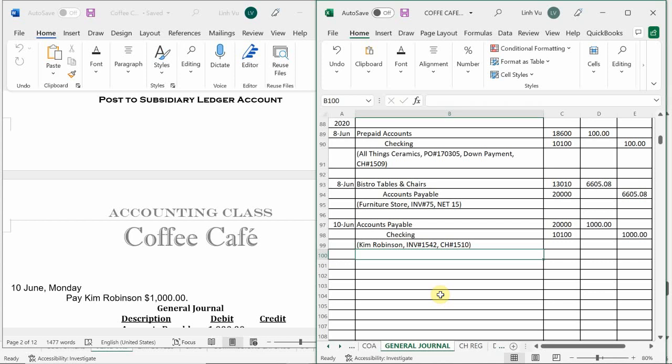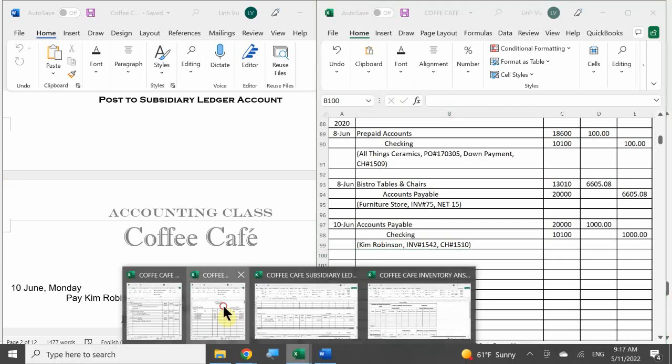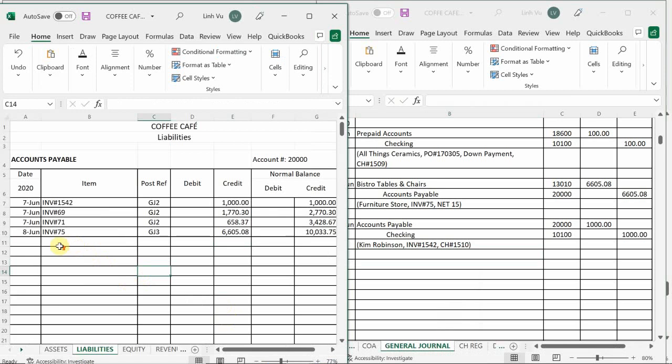So now that I finished my journal, I need to go into my ledger. Because let's see, accounts payable, right? First here, I am going to decrease it because I paid off what I owed.